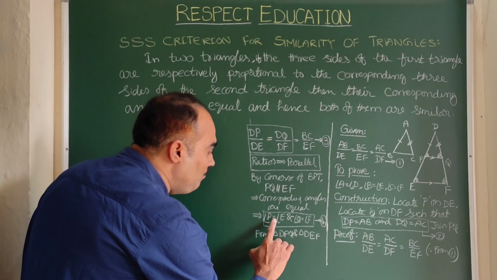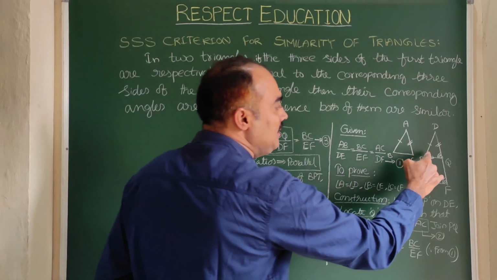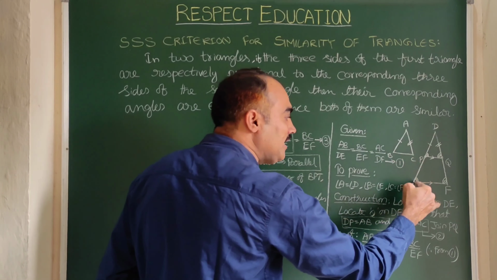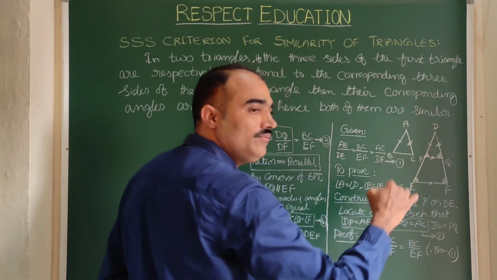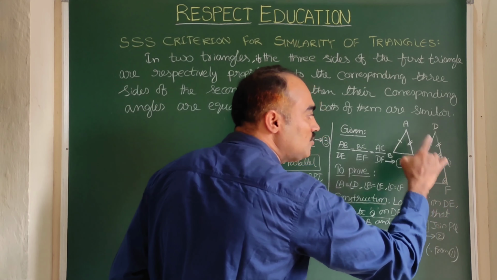When two angles are equal, by AA similarity, angle P in DPQ is equal to angle E in DEF, and this pair of angles is also equal.